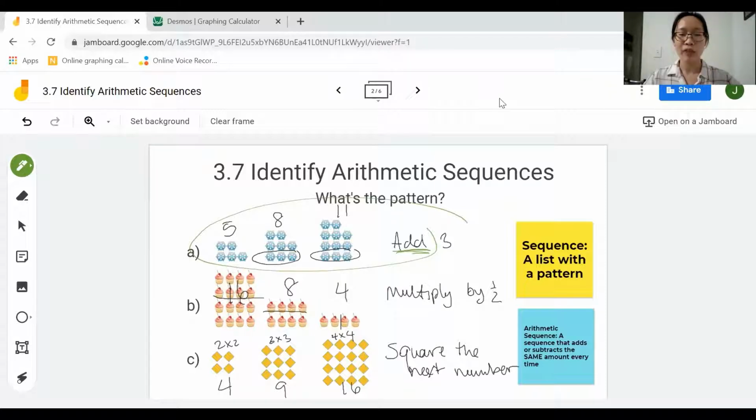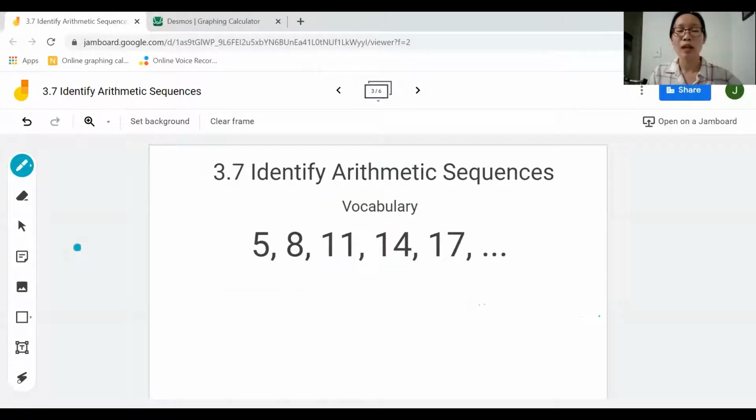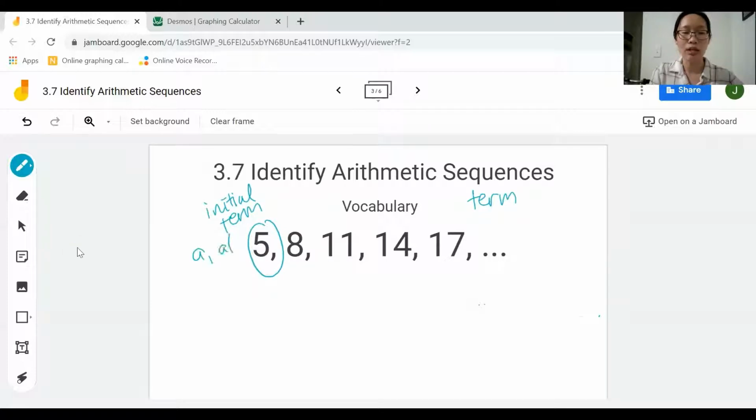Let's explore the snowflake sequence in more detail and introduce some new vocabulary. We talked about sequences being a list with a pattern, and every item on the list is called a term. We have special names for special terms. So our first term is called our initial term, a subscript 1, or you can also see this as a of 1, like a function.